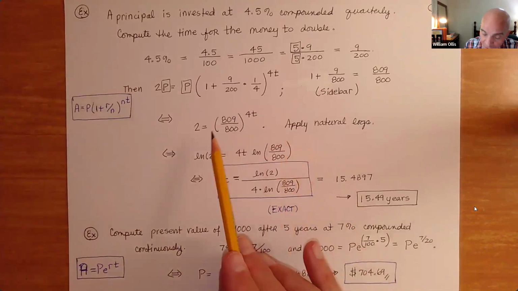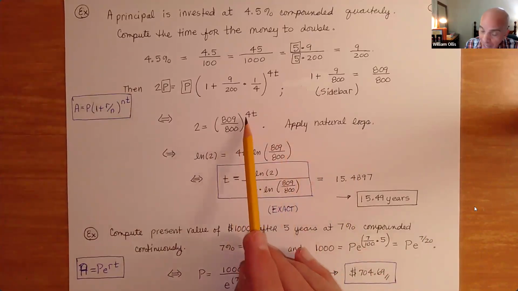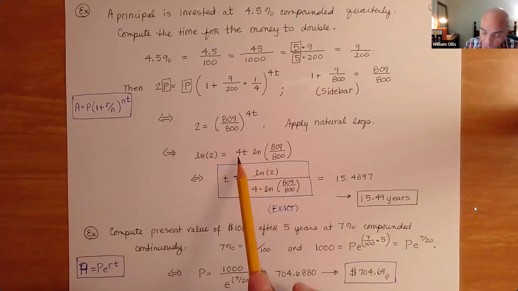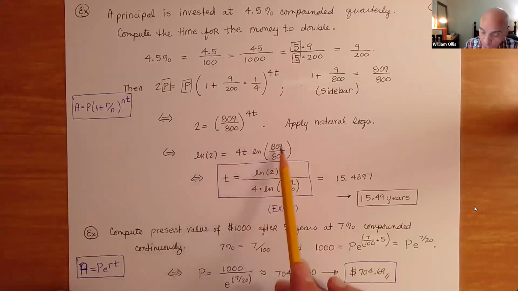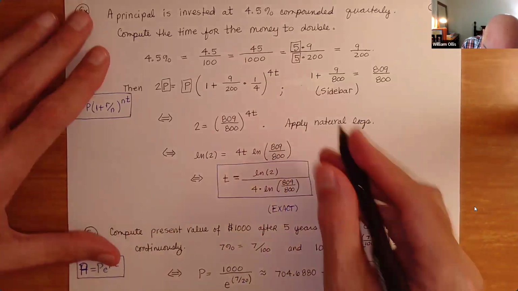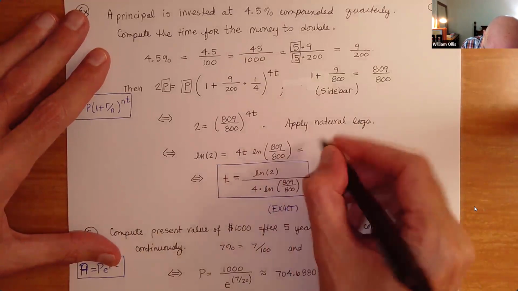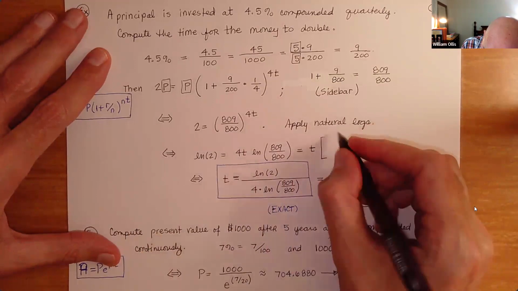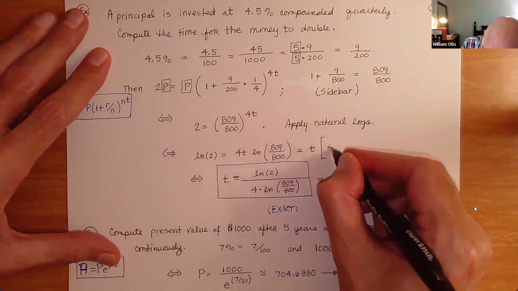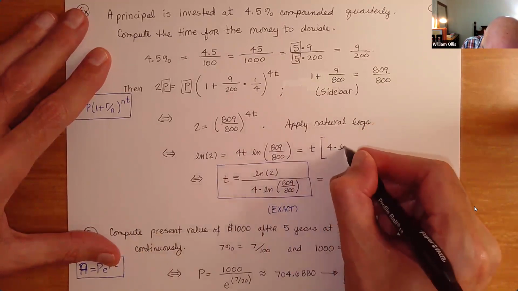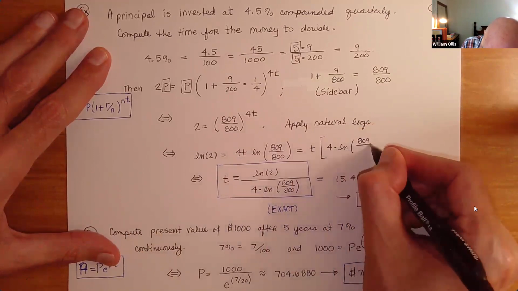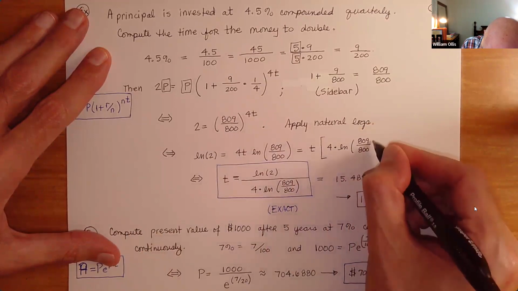So now if you apply the natural log, you can also apply the power rule. So you get the natural log of 2 is equal to 4t times the natural log of 809 divided by 800. Now notice, and this is important, if you want to isolate the t, you can do this. And so we've got, in this case, 4 times the natural log of 809 divided by 800.